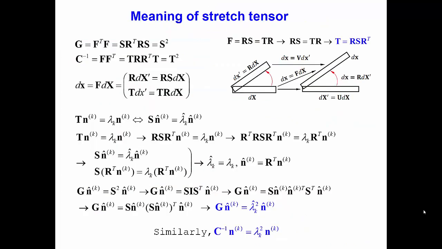Now, let us focus on the meaning of the stretch tensor. Substituting the polar decomposition of the deformation gradient tensor F, that is RS or TR, into the definitions of the tensors G and Xi inverse, we can express them in terms of tensors S and T after some simple arithmetic operations on matrices.